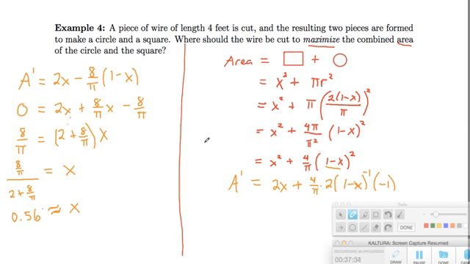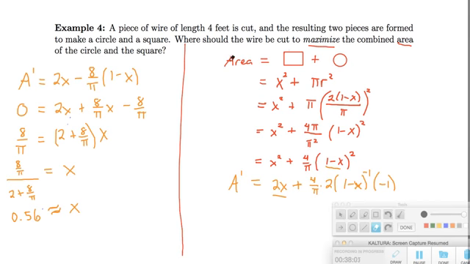Okay, so at this point we may be wondering, is this a max or a min or something else? Well, the second derivative is not going to be too easy to work with, because if you think about it, the derivative of 2x is 2, and then you're going to have to figure out the sign of something complicated. Might be better to check the endpoints here.